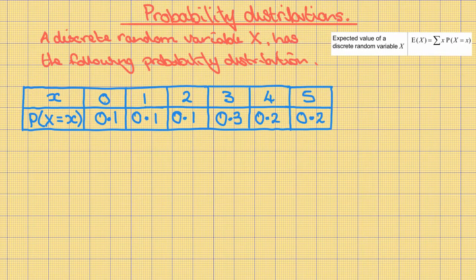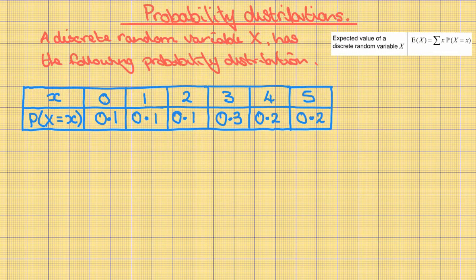So our random variable little x in this case could be scores in a test. There could have been 5 questions, 1 mark per question, and a student could get a score of 0, a score of 1, a score of 2, a score of 3, a score of 4 or a score of 5.